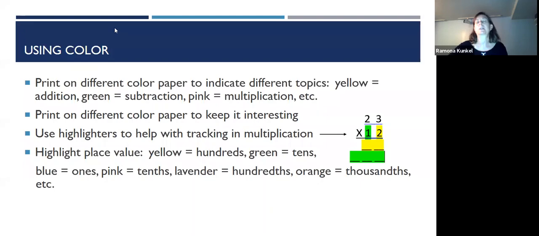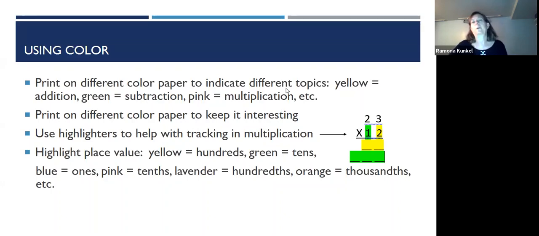Using highlighters to help with tracking and multiplication. I had a student one time that just could not remember, if I'm multiplying the right number, do I put it on the first line or on the second line? So sometimes just that highlighting, set it up for them so that they know, until they get used to that repetitive motion, and then it will cement itself in their thinking.